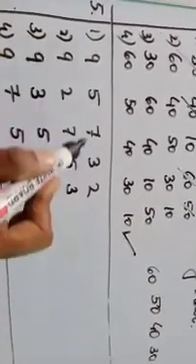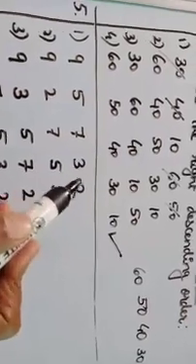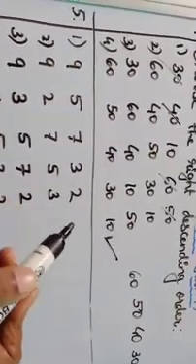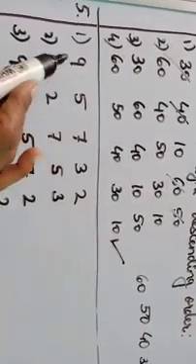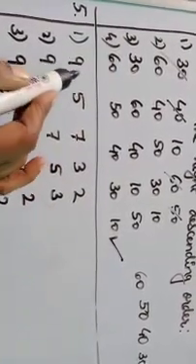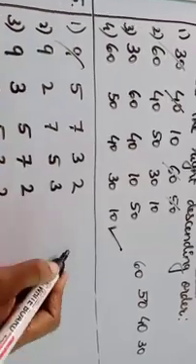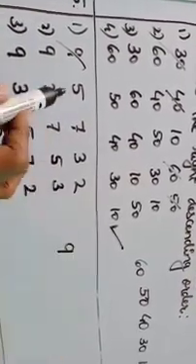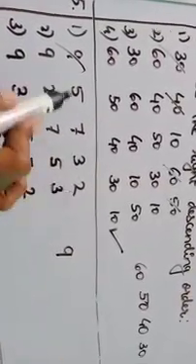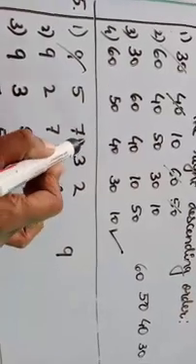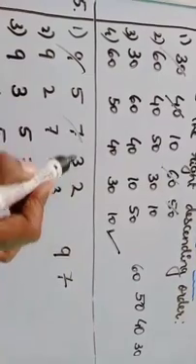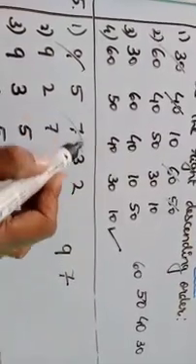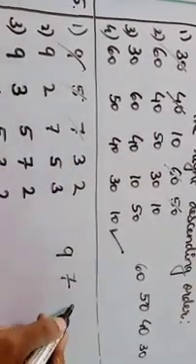Okay. Let's take the first line and arrange it in descending order. Descending order means from greater to smaller we have to arrange. So which is the greatest number here? 9 is the greatest number. So let's write here 9. 5, 7, 3, 2. Which is the greatest one? 7. So let's write here 7. And the remaining numbers, 5, 3, 2. 5 is the greatest number.